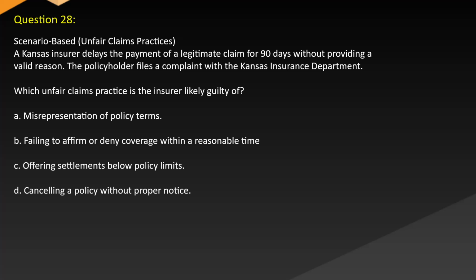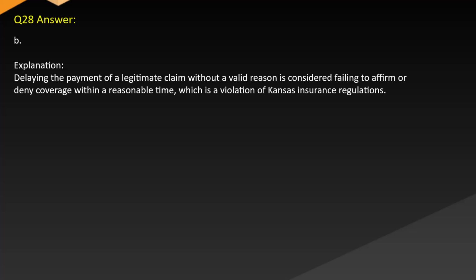C. Offering settlements below policy limits. D. Cancelling a policy without proper notice. Answer B. Explanation. Delaying the payment of a legitimate claim without a valid reason is considered failing to affirm or deny coverage within a reasonable time, which is a violation of Kansas insurance regulations.